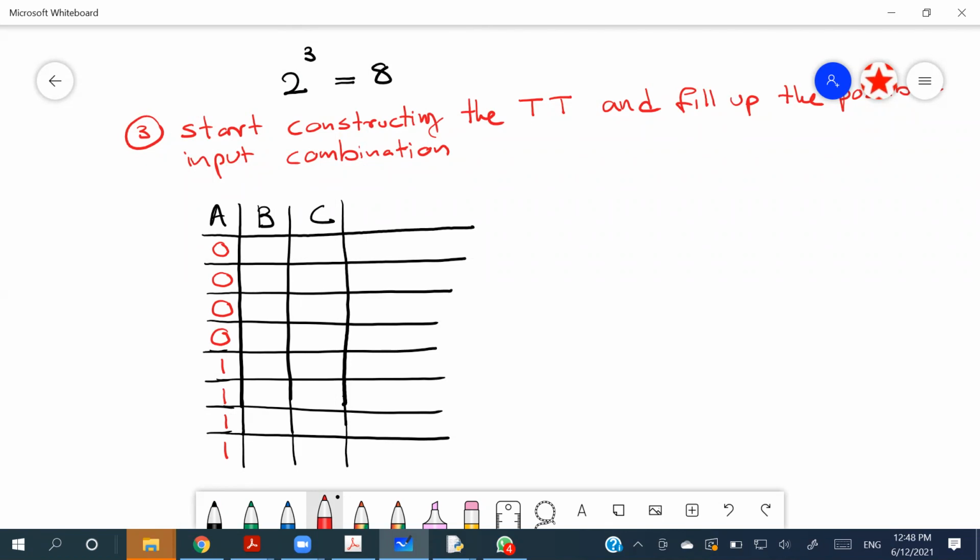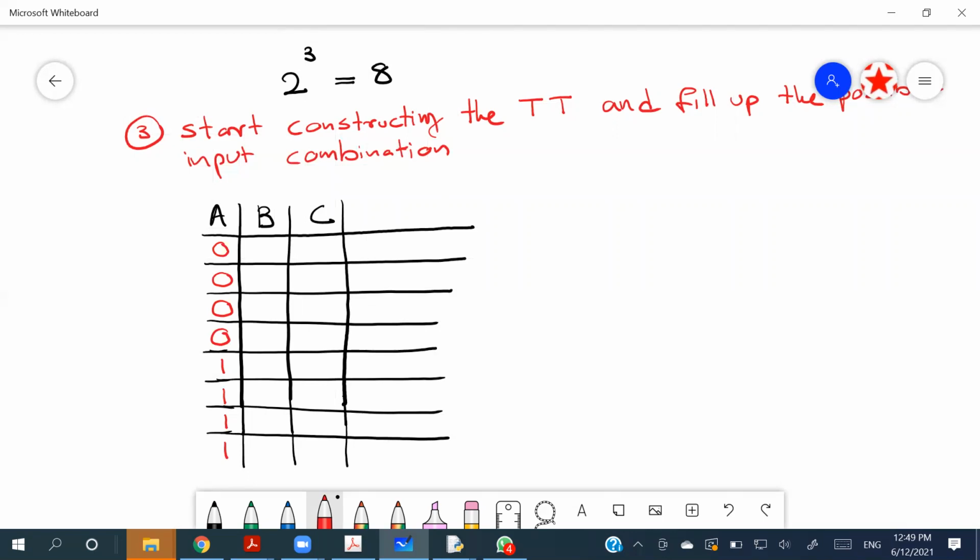right? So generally what did I do? We got 8 combinations, so we had half the number of cells as zeros and the other half as ones, right?